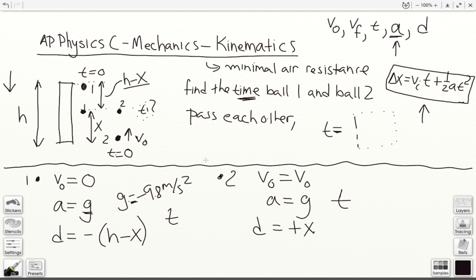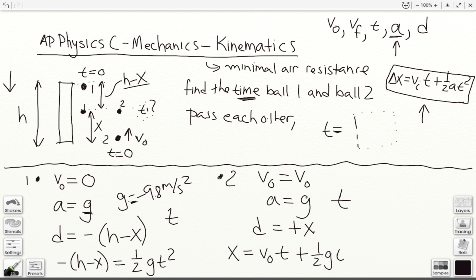Okay, so in this case, I'm going to apply this equation. Our distance is negative h minus x, and our initial velocity is 0, so this term right here is going to be 0. So this is just equal to 1/2 gt squared. On this side, we've traveled x equals v naught t plus 1/2 gt squared.